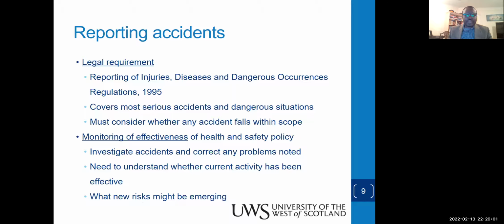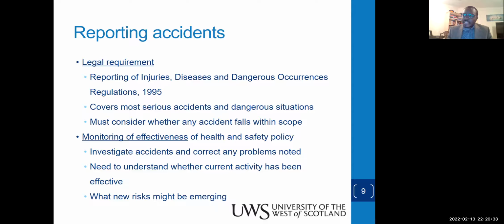Okay. Let's move on. How do we report accidents at the workplace? Of course, within the health and safety standards or protocols, there will be clear guidance on whom to report, where to report, and how to manage this. Okay. So we have the RIDDOR, the Reporting of Injuries, Diseases and Dangerous Occurrences Regulations of 1995, and it covers serious accidents like explosions, serious burns, broken bones.